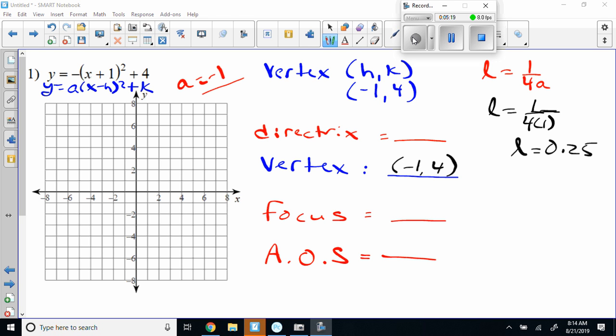That's the vertex. I want the directrix. Well, we're going to add 0.25 here, and we're going to do what here? Right, subtract 0.25 there. Correct? It is exactly what we did yesterday.